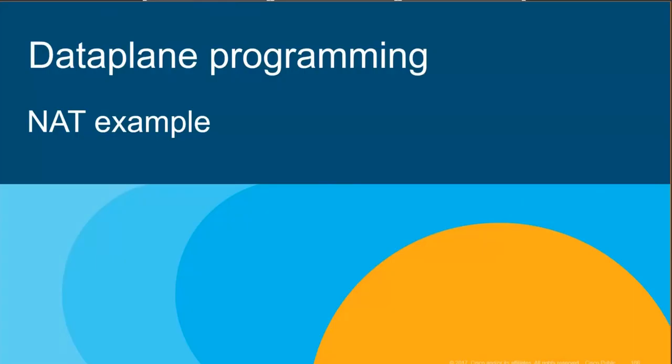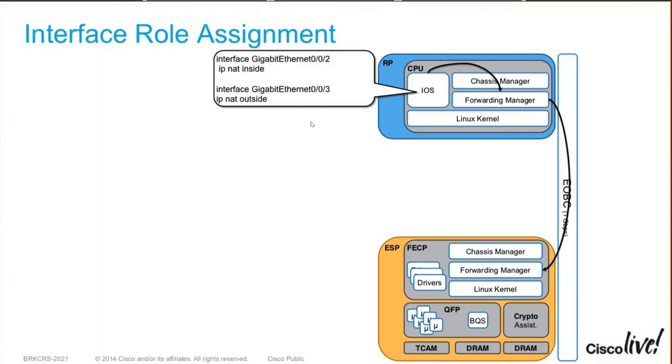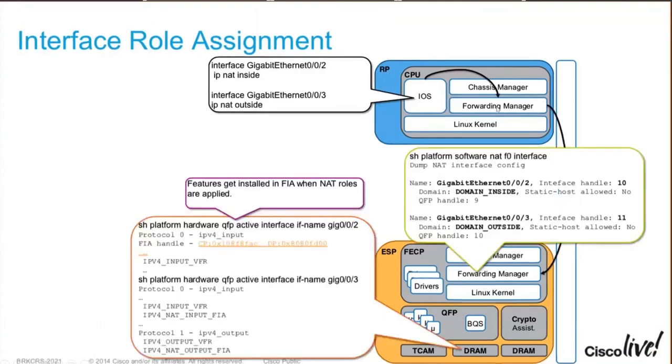We'll just see how programming is transferred from RP to FP. For example, let's say we configure ip nat inside on Gig 0/0/2 and ip nat outside on Gig 0/0/3. We do this in the IOS process of the RP. Now the forwarding manager takes this configuration and converts it into objects.